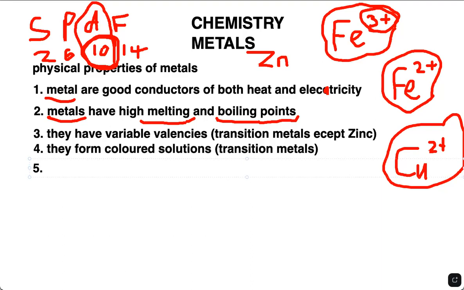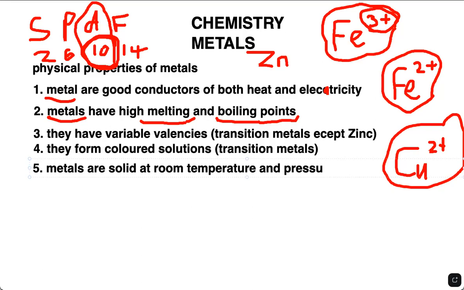So these are some of the physical properties that we can talk about. Among others, we can also say that metals are solid at room temperature and pressure.